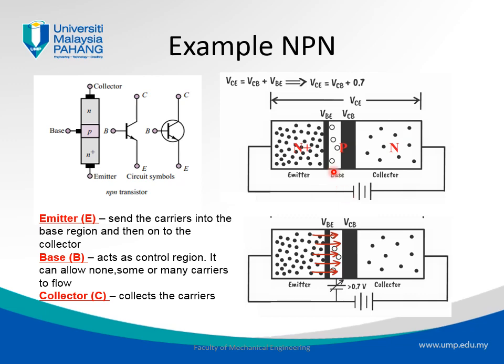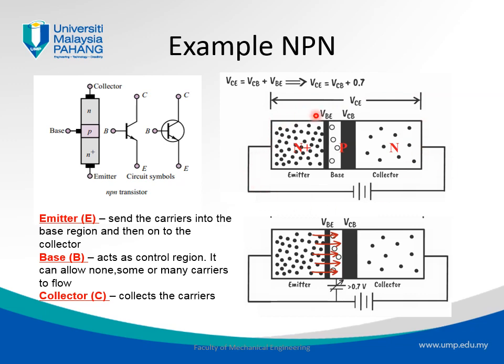So the next interesting thing we need to look at is the voltage across the regions. Now, as we connect it to a power supply, there are three voltages that we can measure. The first one is VCE, the voltage between the collector and emitter.